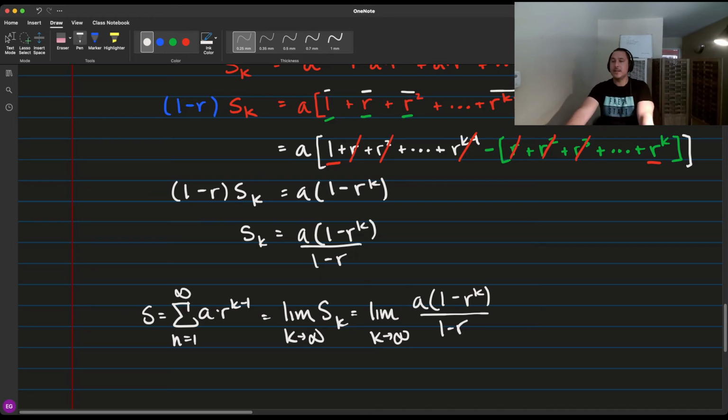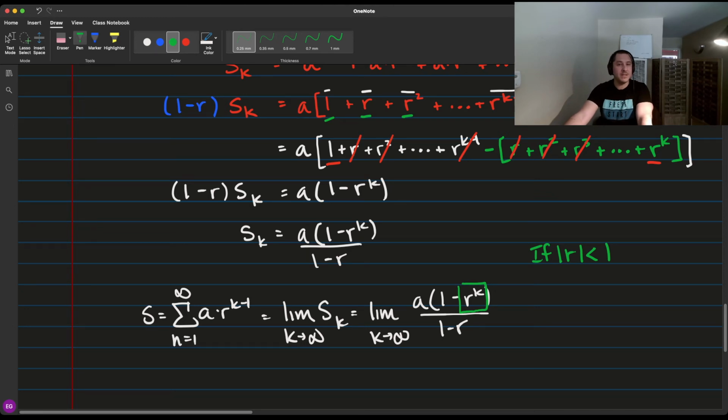Now, this is the cool thing. The only term in here that is affected by the limit is the one with the r^k, right? If r is less than 1, what happens if you take a number that's less than 1 and raise it to higher and higher powers?